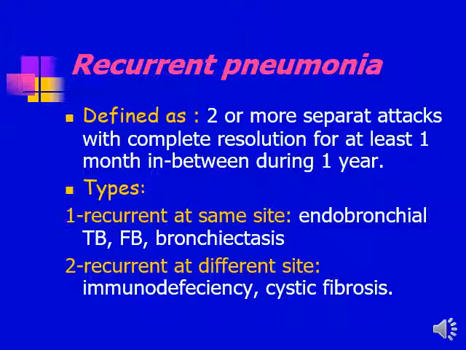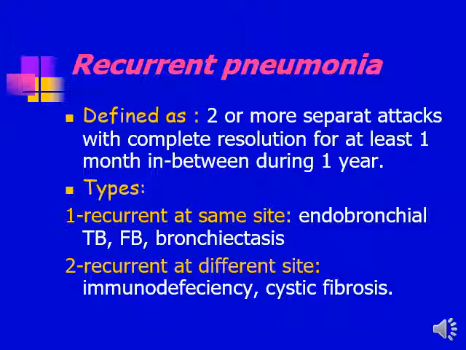It means the recurrent pneumonia occurring within 1 year. I have different attacks of pneumonia within 1 year, and in between these attacks I am completely free for at least 1 month. Why does this occur? Due to 2 causes. Either my lung is not alright, there is recurrence in the same site in the lung.